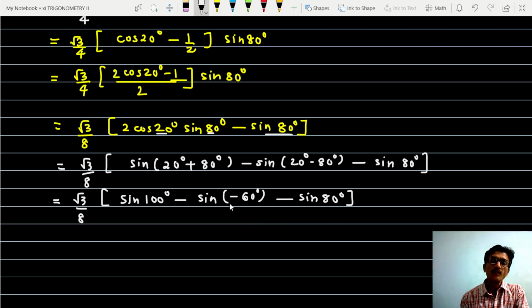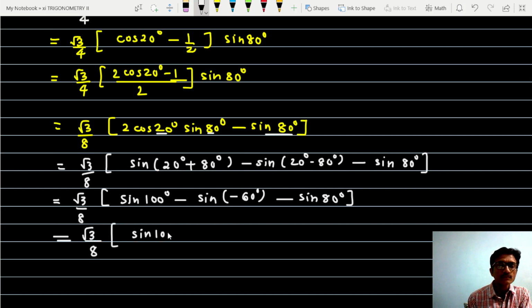Here sine of minus theta is minus sine theta, so minus of minus will be plus, and it is equal to root 3 by 8 into sine of 100 degree. We'll group this minus sine of 80 degree, and this will be plus sine of 60 degree.